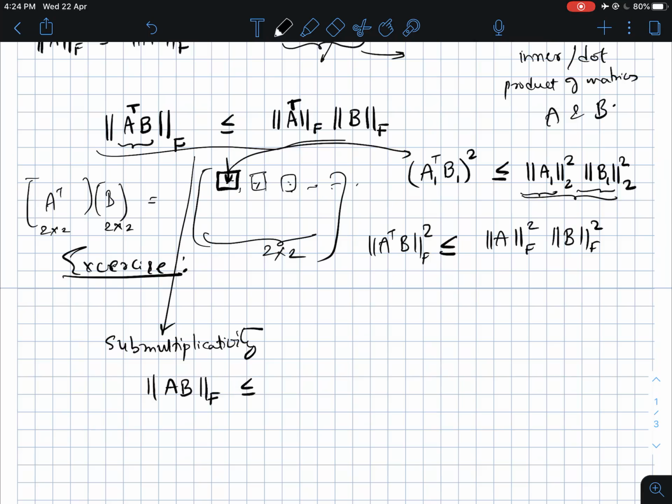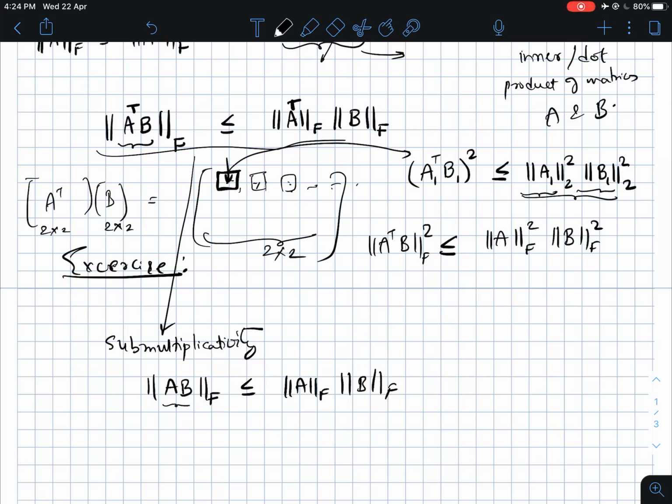For example, here I could write the Frobenius norm of A transpose times B, and I can just call A transpose some other matrix. So the Frobenius norm of AB is less than or equal to the Frobenius norm of A times the Frobenius norm of B. This is called submultiplicativity. That's when you multiply two matrices, the norm of the product must be less than or equal to the product of the norms of the individual matrices.